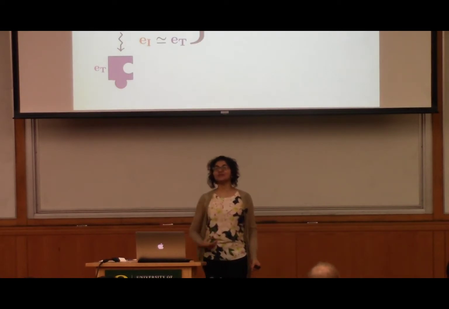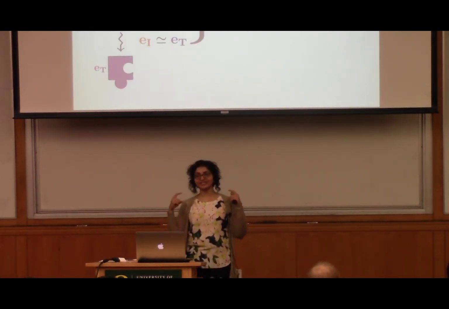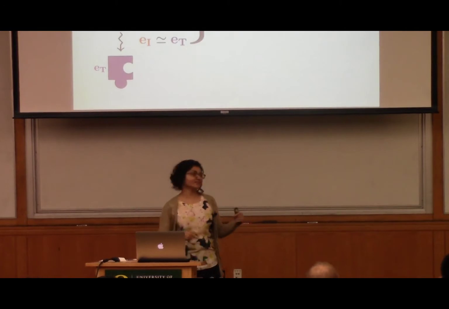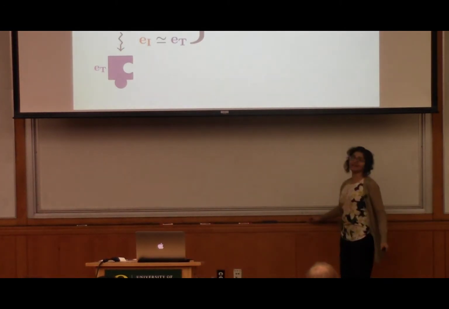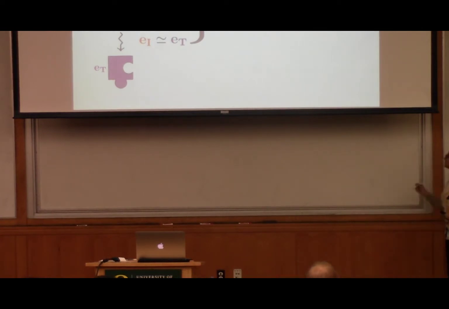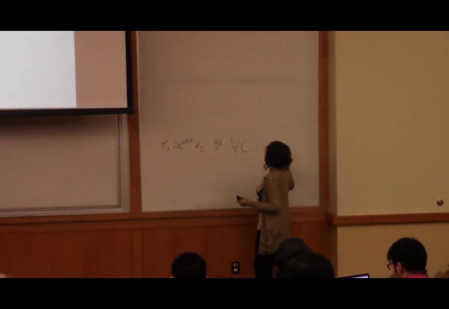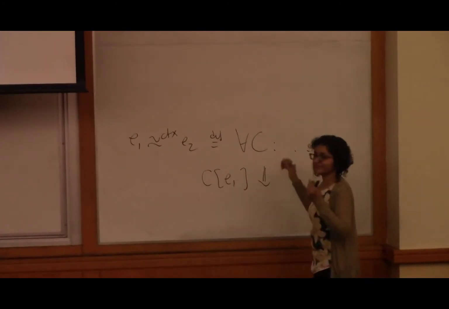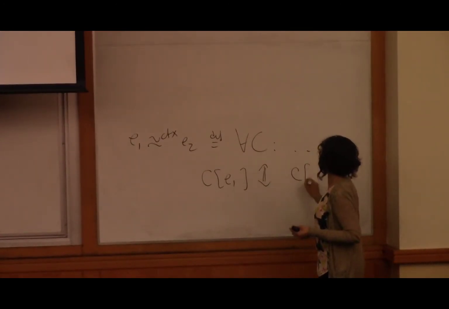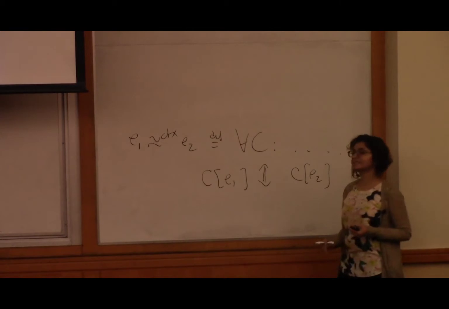There's still the beauty of the definition of contextual equivalence. It says E1 is contextually equivalent to E2 if for all contexts C of a certain type, C with E1 plugged in terminates if and only if C with E2 terminates, right?